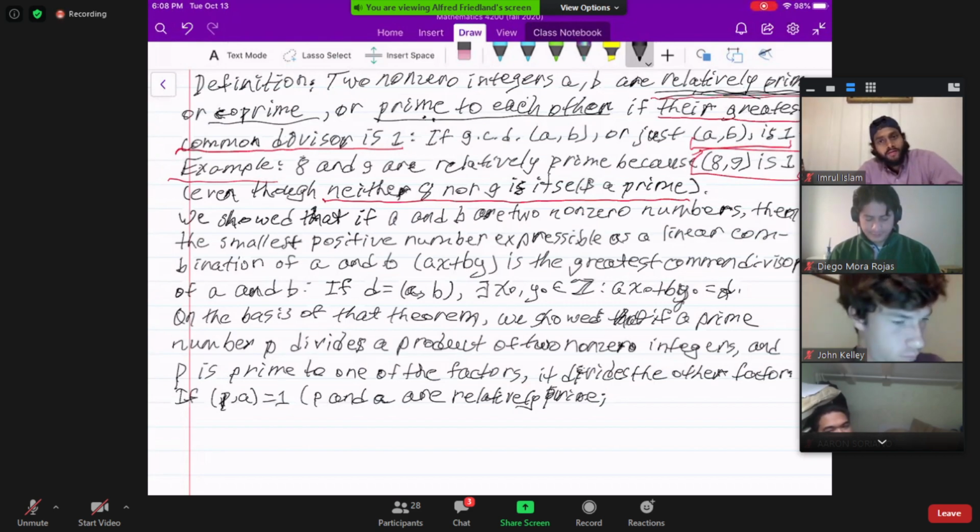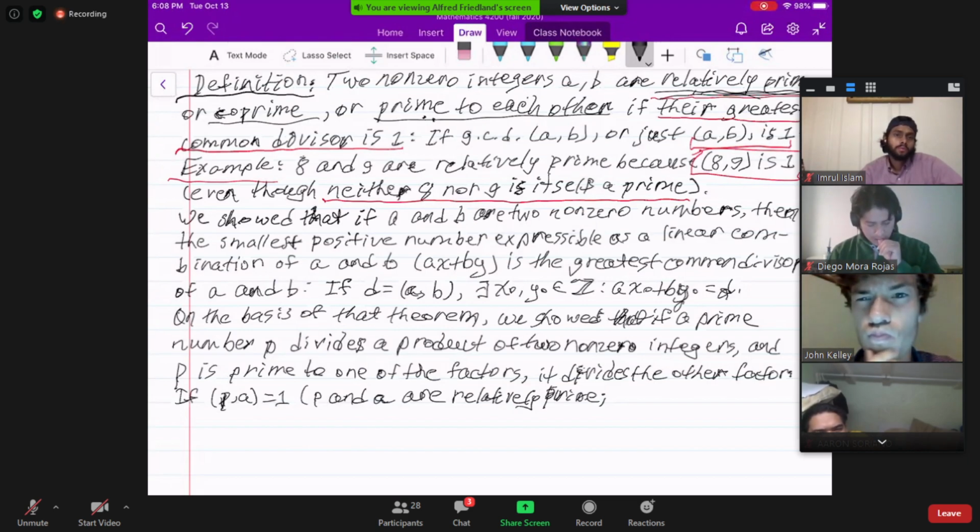We'll be dealing with 2 numbers whose greatest common factor is 1. Sometimes you deal with whole sets of numbers, and you might speak of them as being relatively prime in pairs, meaning any pair of them is relatively prime. We'll be really dealing with just 2 numbers. So up here where it says definition, 2 non-zero integers are relatively prime if the greatest common divisor is 1.